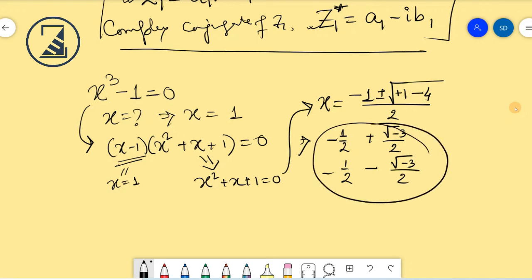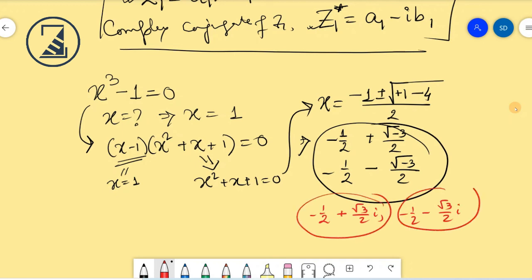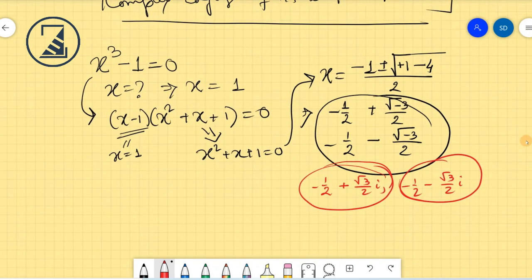Well, I can also write this as minus half plus square root of 3 by 2 i and minus half minus square root of 3 by 2 i. You can see that these two solutions are complex conjugates of each other. So if you take the complex conjugate of this root, you will get the other root.